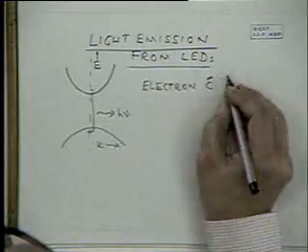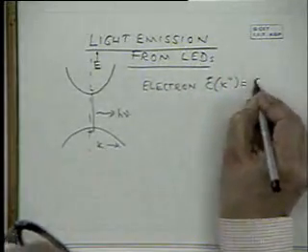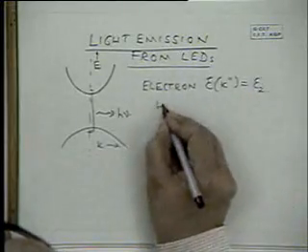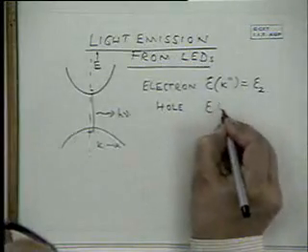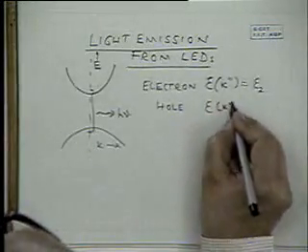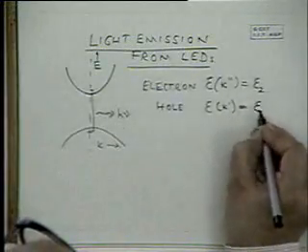So the electron has energy E2 at a momentum value k double dash, and the hole has energy E1 at, in general, a different value k dash.